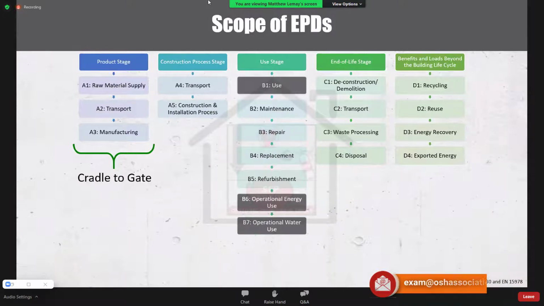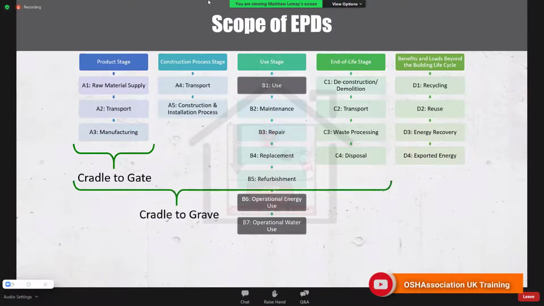As we know, those can include carbon uptake, recycling, etc., which means that a wider scope, one like cradle to grave, which includes disposal and use, could potentially benefit a lower GWP total.